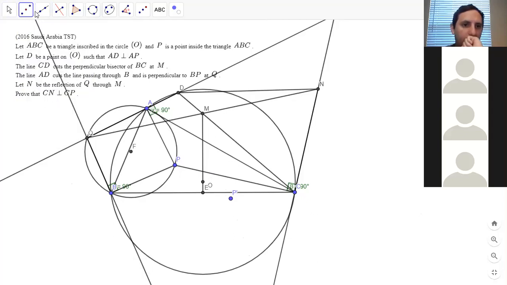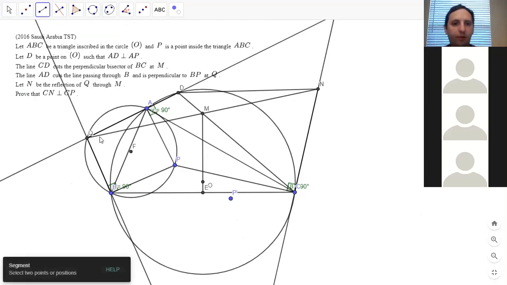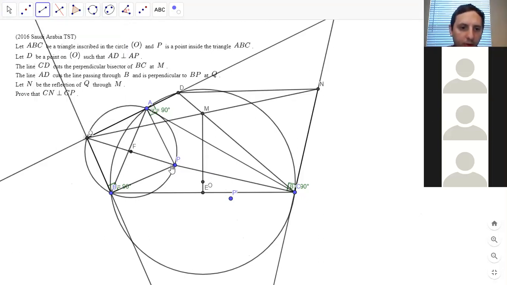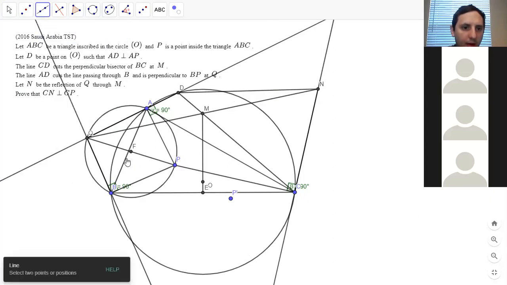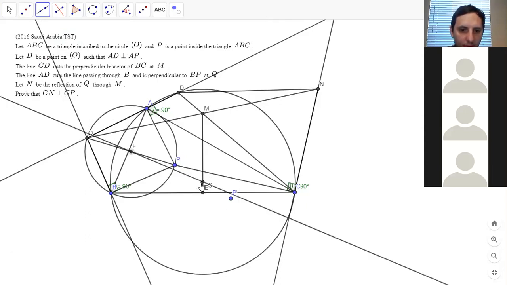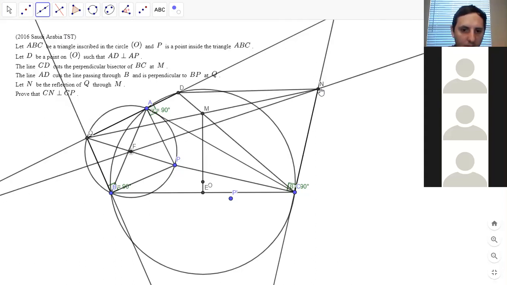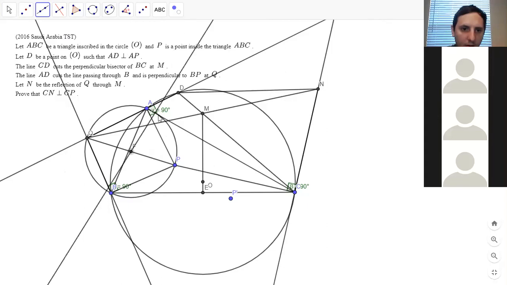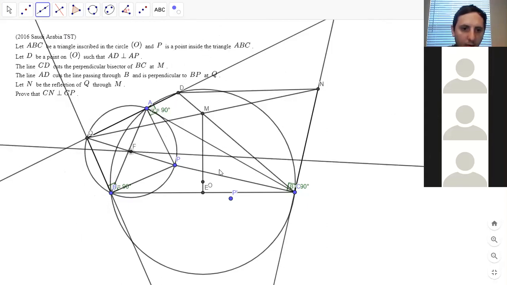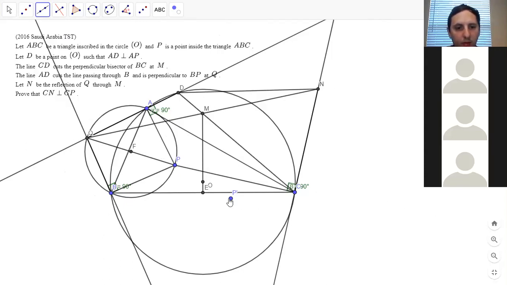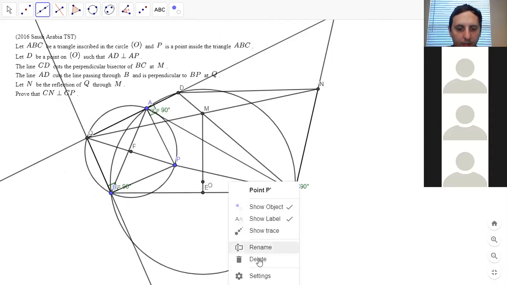If I draw this, maybe we want to use that. If M is the midpoint of QN and F is the midpoint of QP, maybe we could use that somehow, like FM is parallel to PN. I don't know. I'm going to delete P prime.